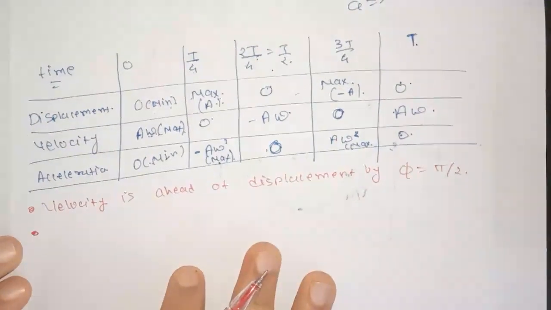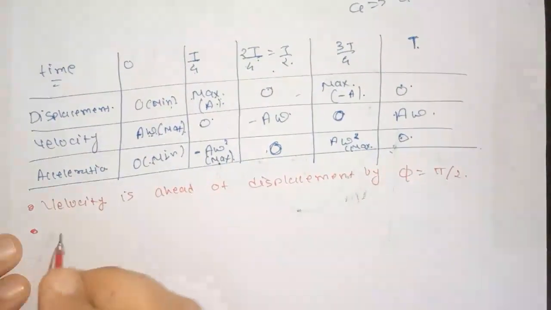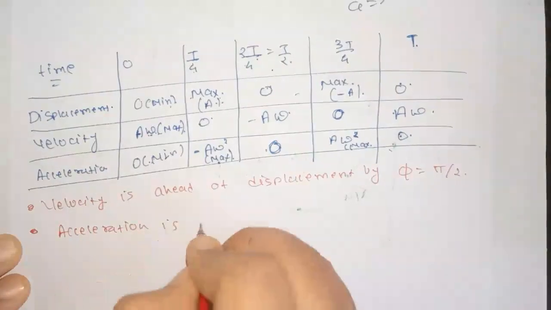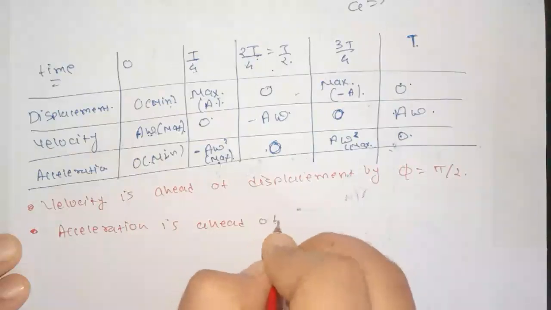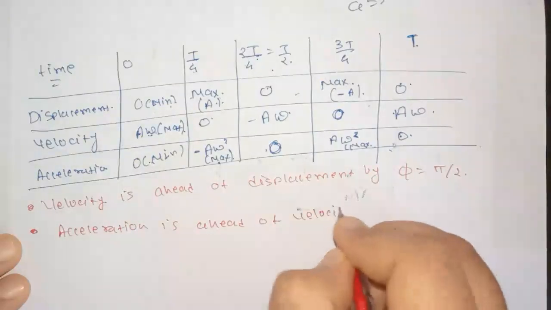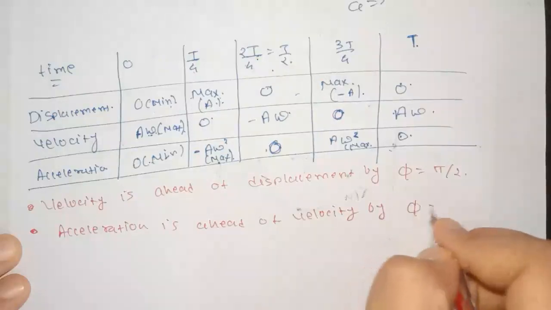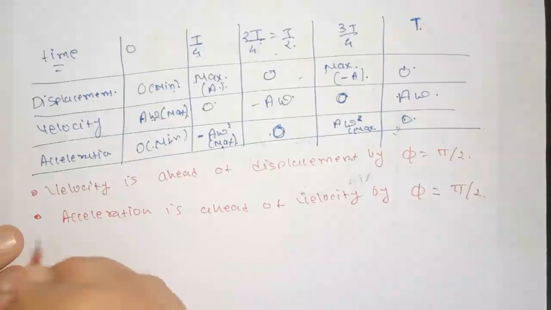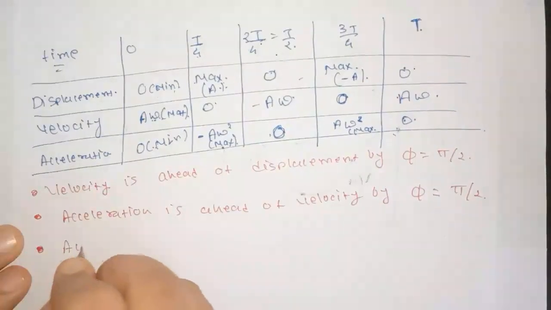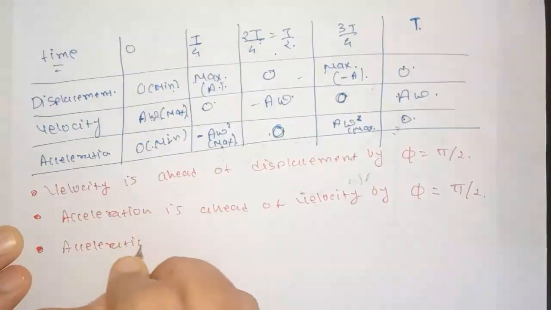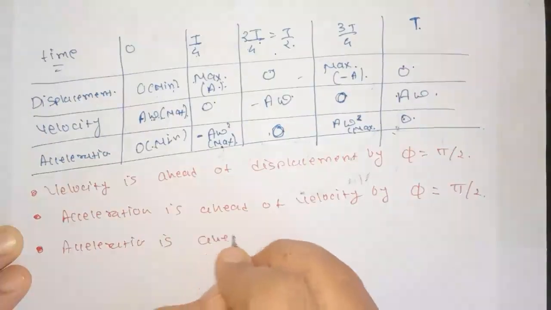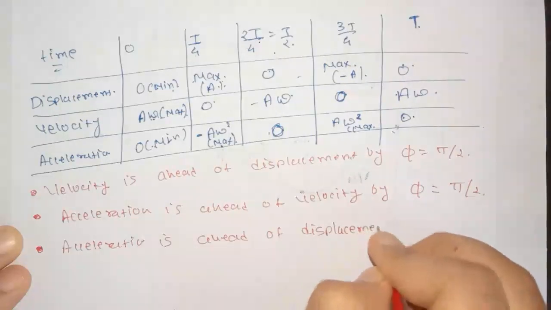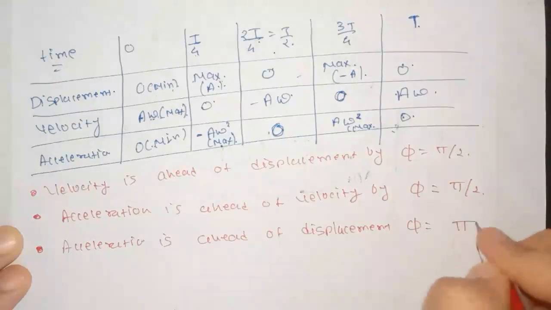The second case, the acceleration is ahead of velocity by phase angle pi by 2, and acceleration is ahead of displacement by phase angle pi.